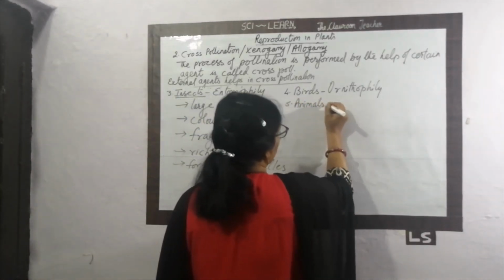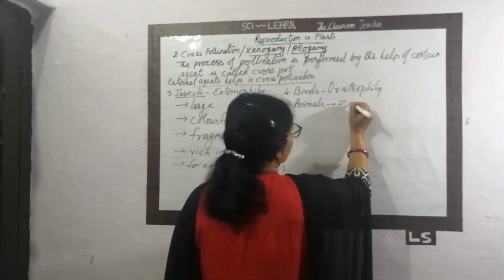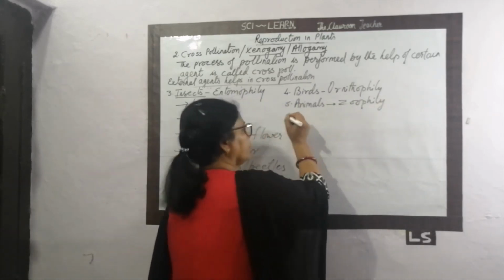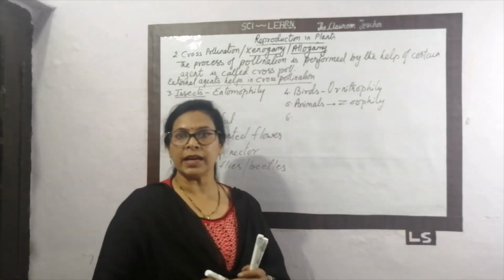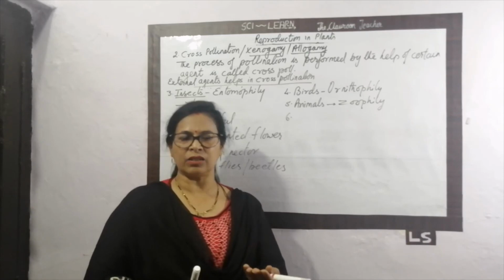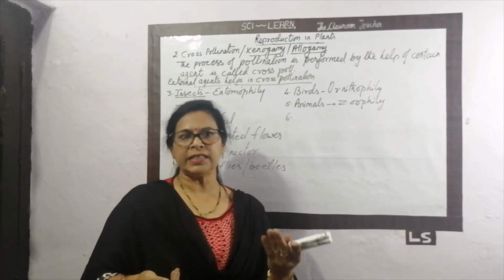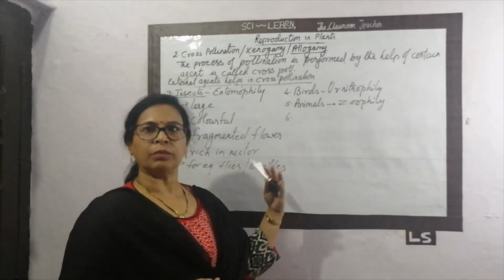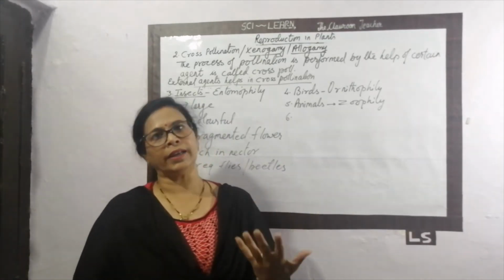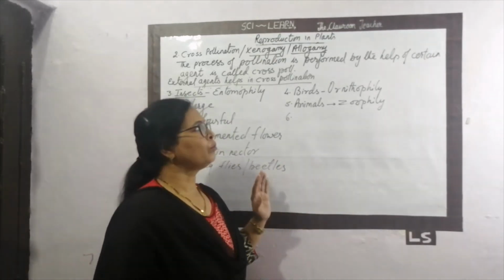They are called zoophily. Some more agents are there, such as animals, bats, snails. Okay, these all are the agents which help to carry the pollen from one place to another place, from one flower to another flower. This is about the pollination.